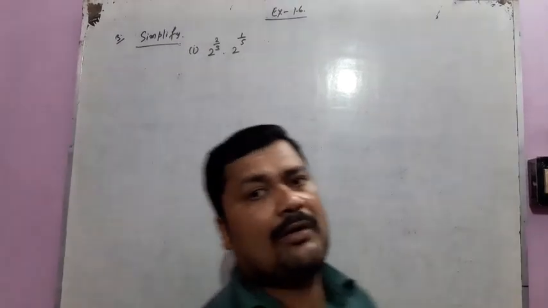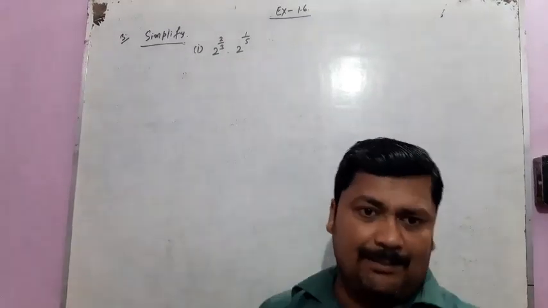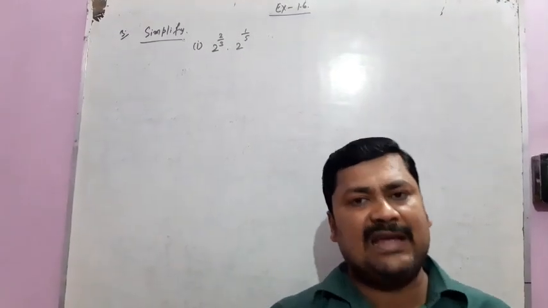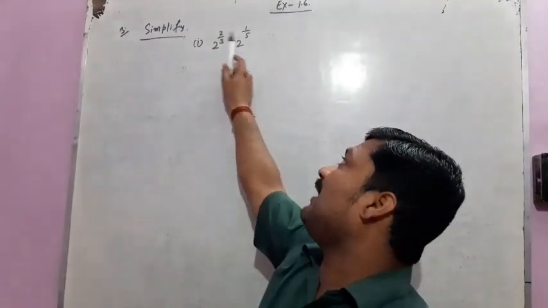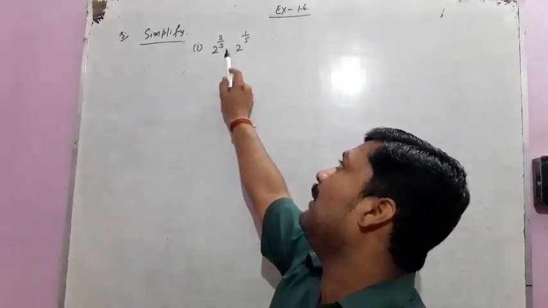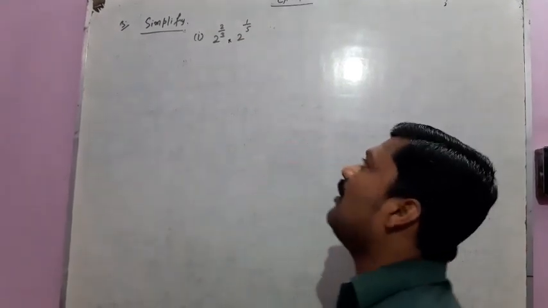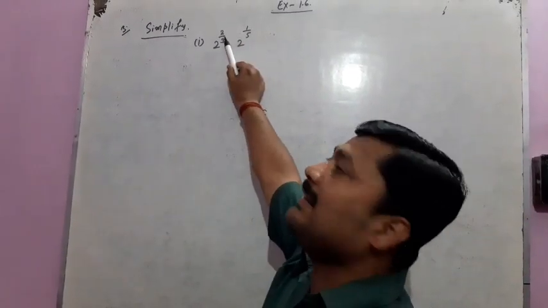As I have told you in this video and earlier, if two numbers have the same base and different exponents and they are in multiplication, here the dot indicates multiplication, how will we solve it? By adding their exponents.